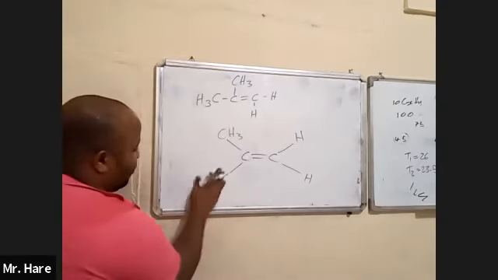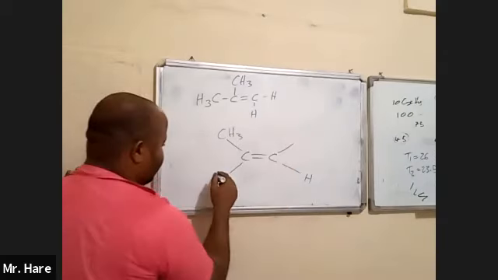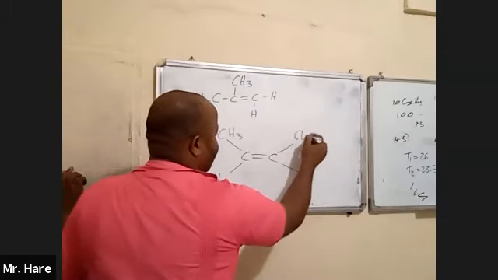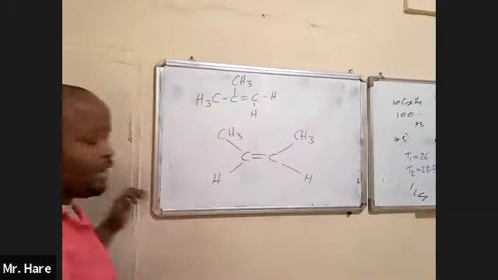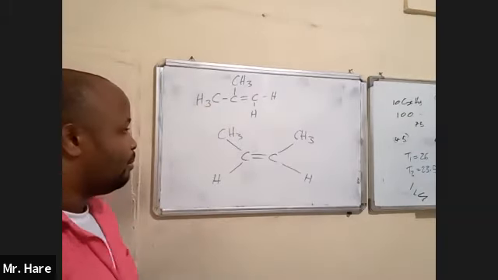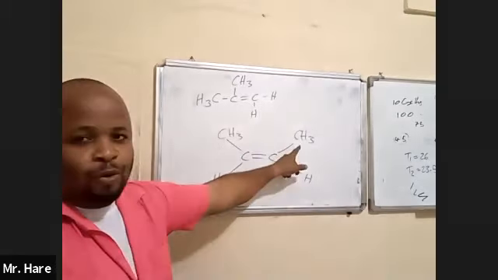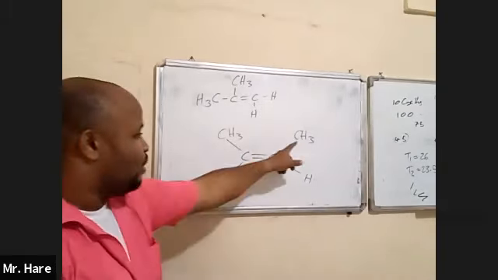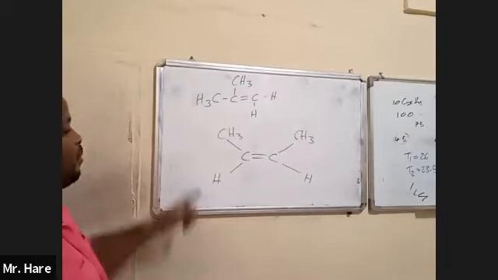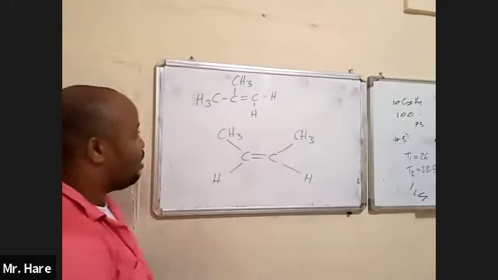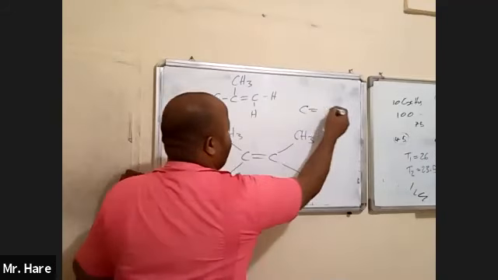What if the hydrogen was on this side and the methyl group was on this side? Could we get geometric isomerism? Yes, sir. Because now we have a group in common, we can have them on the same side or on opposite sides.